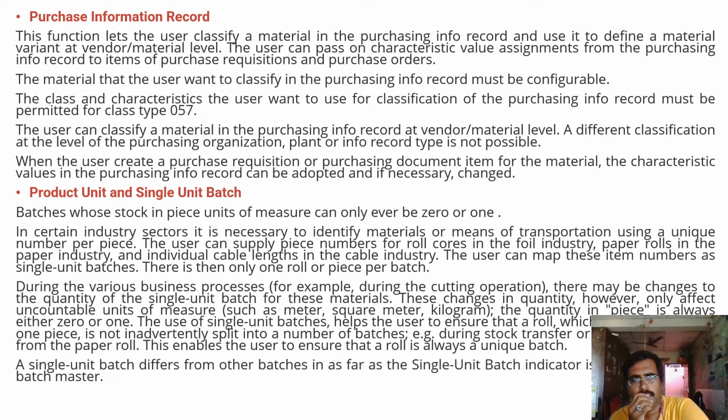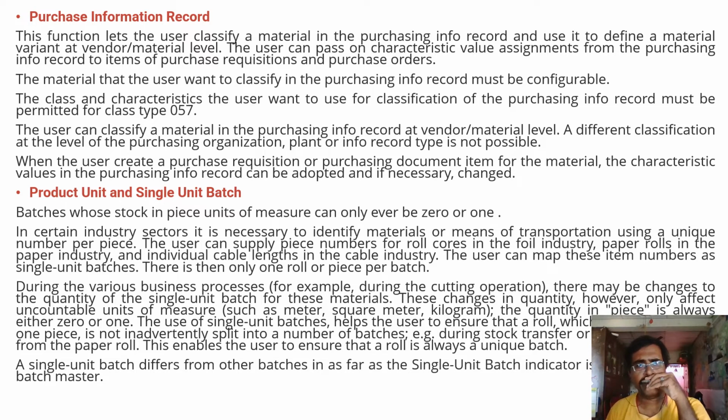So even though the material and everything is the same, having a different batch number means it has a unique batch indicator. So that business can easily process all these things during the cutting operation.